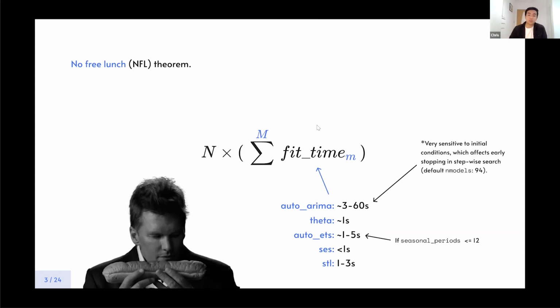A few things I want you to note: first of all, the Auto-ARIMA fit time, as we see now, is quite diverse. It can range from 3 seconds all the way to 60 seconds. If you ever wondered why this might be the case, remember that Auto-ARIMA actually tests, in a stepwise function, around 64 different models, right?